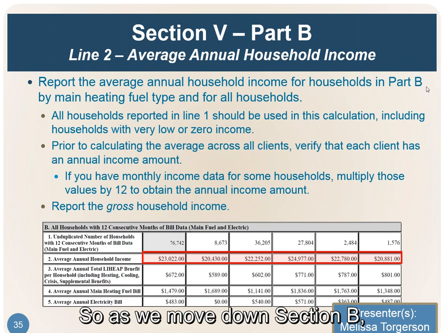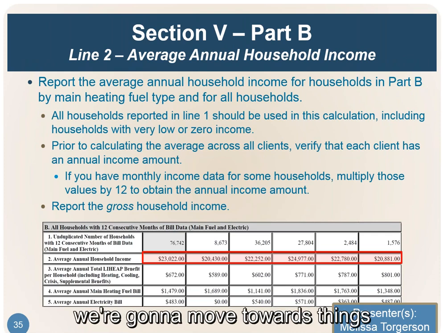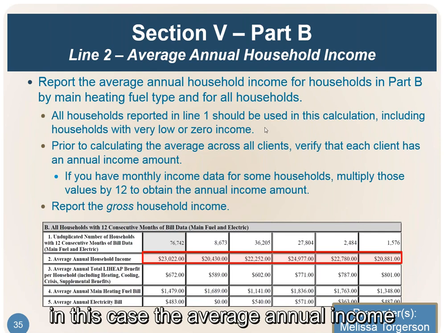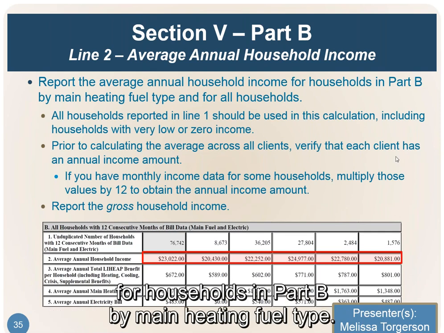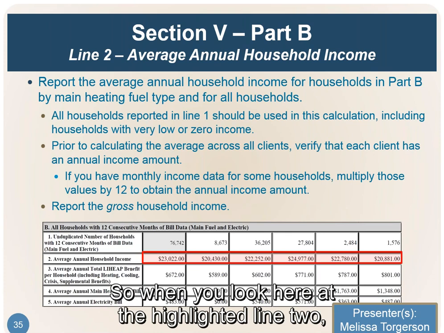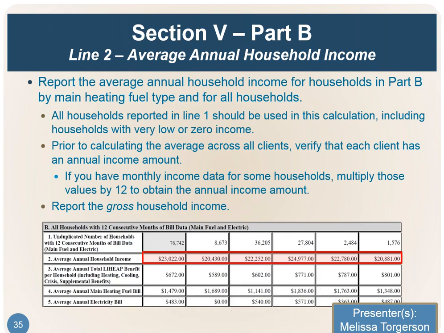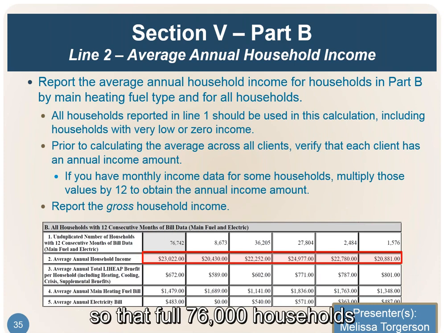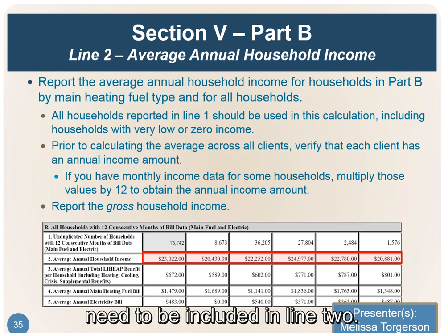It's a helpful tool internally to understand the integrity of your data. As we move down Section B, we're going to move towards things that you're more familiar with reporting. In this case, the average annual income for households in Part B by main heating fuel type. Looking at the highlighted line 2, all households that are in line 1, so that full 76,000 households, need to be included in line 2.